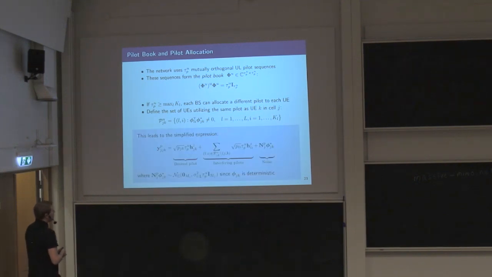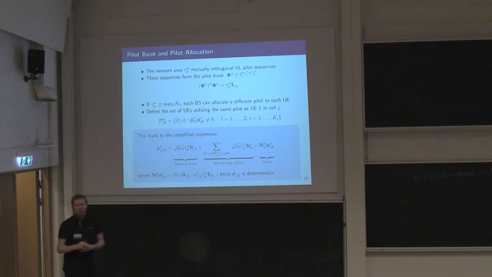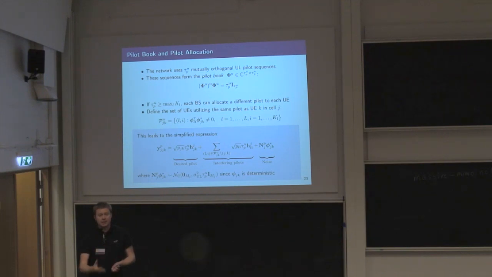In this case, what will happen with the expression I had before? Well, a lot of terms in the system will be zero because a lot of users will use different pilot sequences than me. Who will not do it? Well, that will be a sum of users that use the same pilot sequence as me, and let's remove myself from it and put it over here, so that here I have my channel, my power, and then the inner product between my pilot sequence and my own, that is tau_pu.